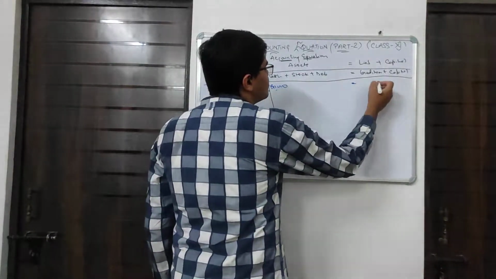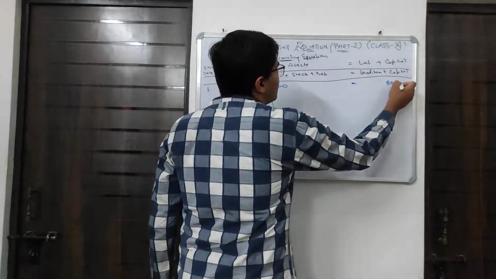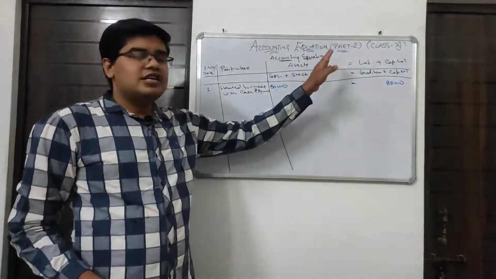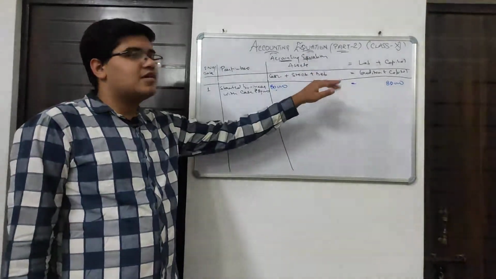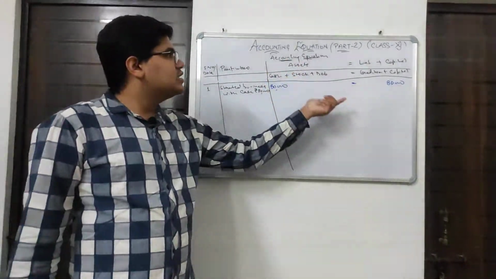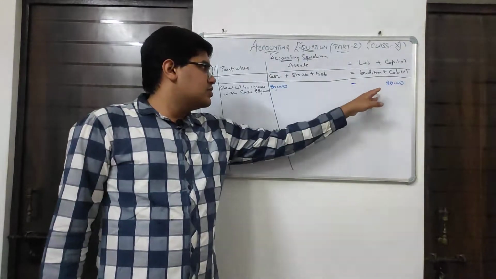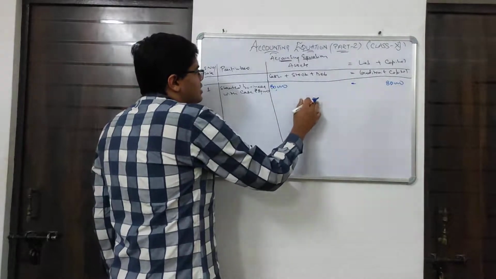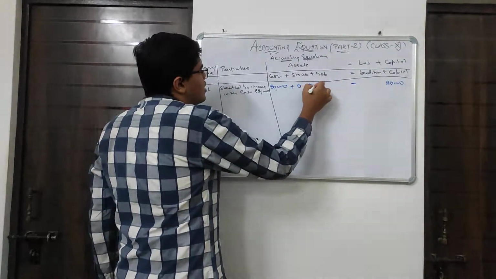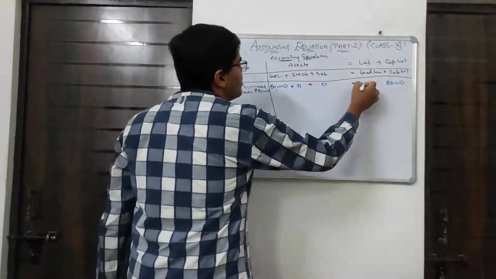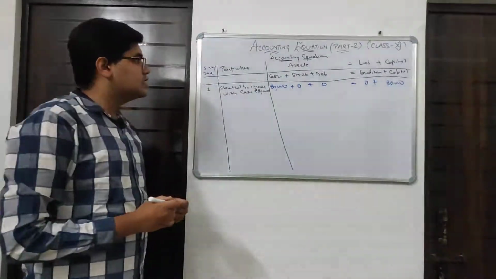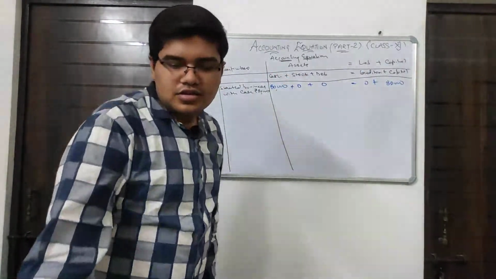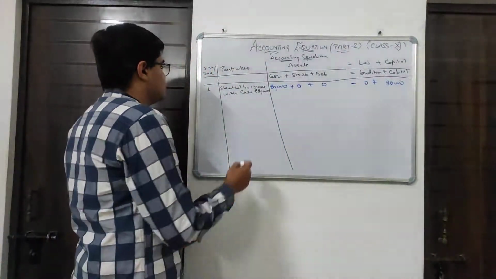So 80,000 will also be added here, because it does not create a liability, because the business has not asked for money from an outsider. The businessman is investing in the business, so it creates capital of 80,000. Stock no effect, debtor no effect, and creditor also no effect. Now you can see that our equation gets balanced, 80,000 plus 80,000. So now move on to the next transaction.